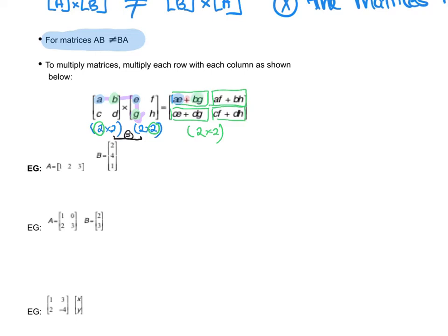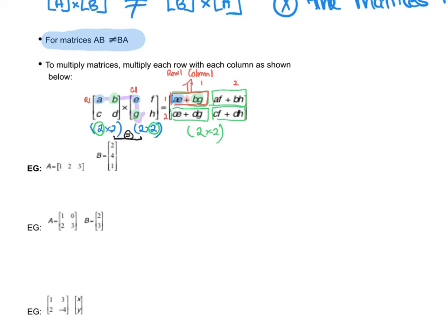Now that gives me the first element. If I was looking at this little box here, what row is it? Row 1, and what column is it? This is row 1, row 2, and this would be column 1 and column 2. So what column is it? 1. So can you see when I worked out that answer, I used row 1 and column 1, didn't I?